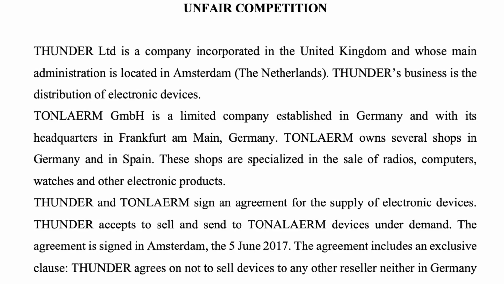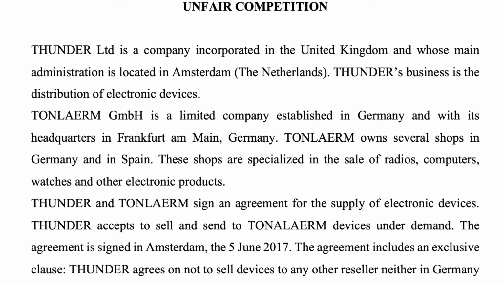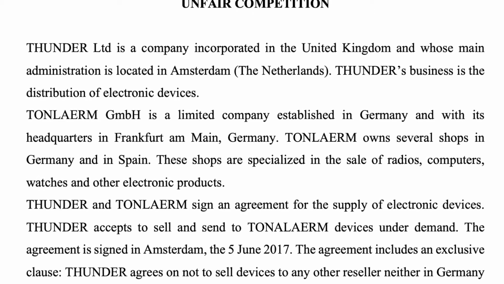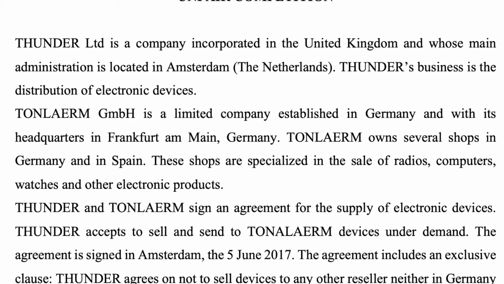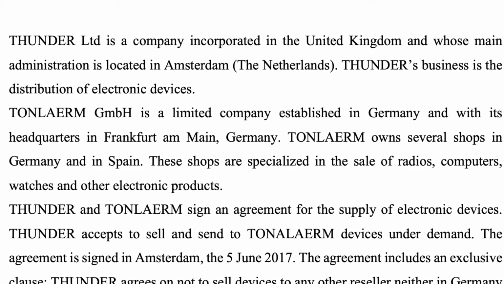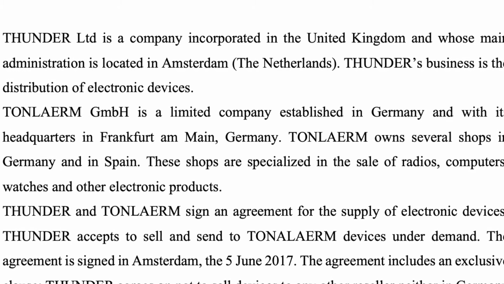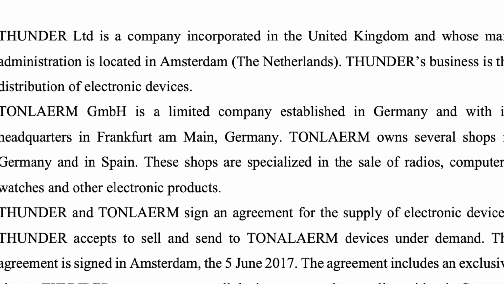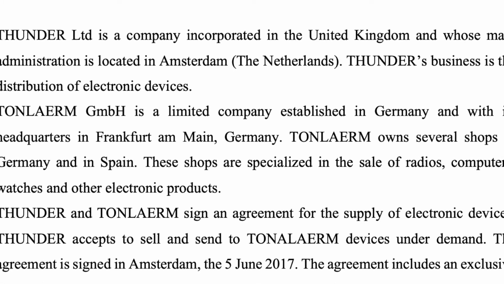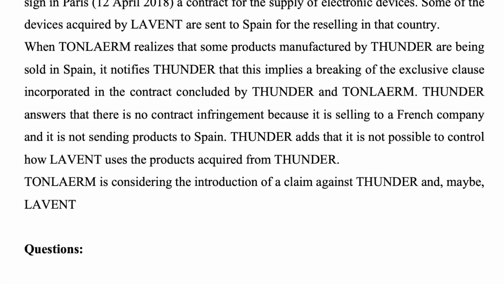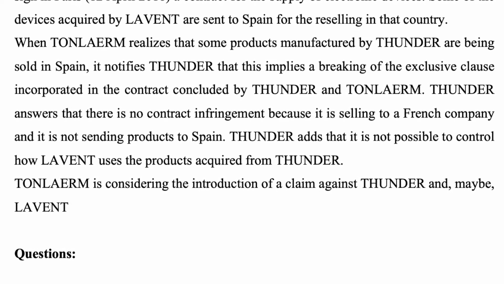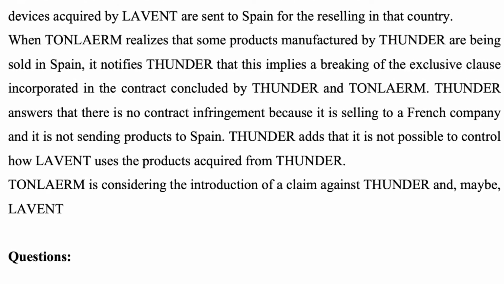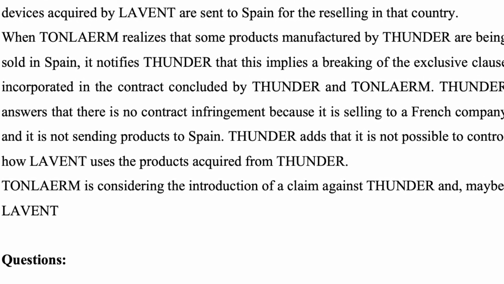So if we are paying attention to contractual claims, in that case the contractual claim can only be introduced against Ton Laherm, against Thunder, because the contractual relationship is between Thunder and Ton Laherm, and in this case a contractual action and also an extracontractual, a tort action, are possible.